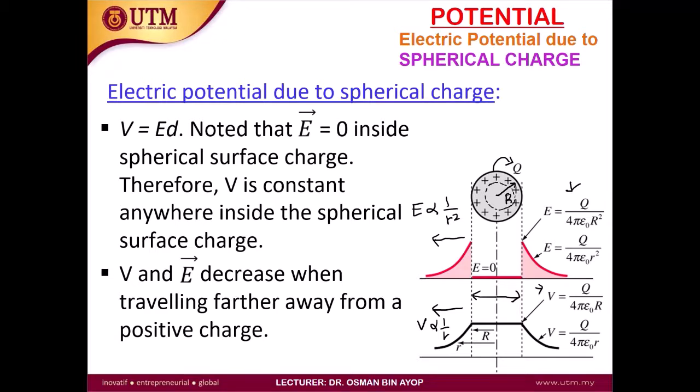Basically, the relationship between the potential and electric field is V equal to ED. Note that when the E field is equal to 0 inside a spherical surface charge, V is constant anywhere inside the spherical surface charge. Okay, because delta V is related to ED.